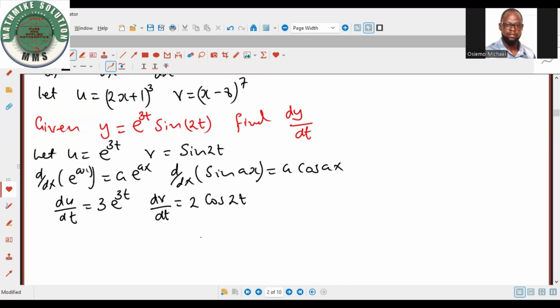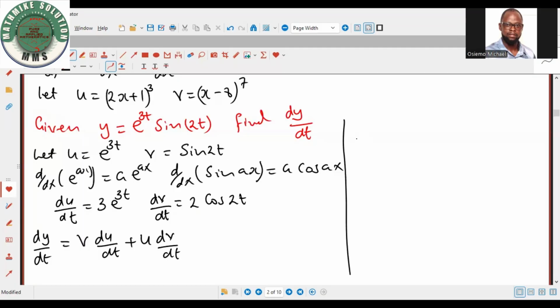So we substitute into our formula for dy dt. We have said that is given by v du dt plus u dv dt.